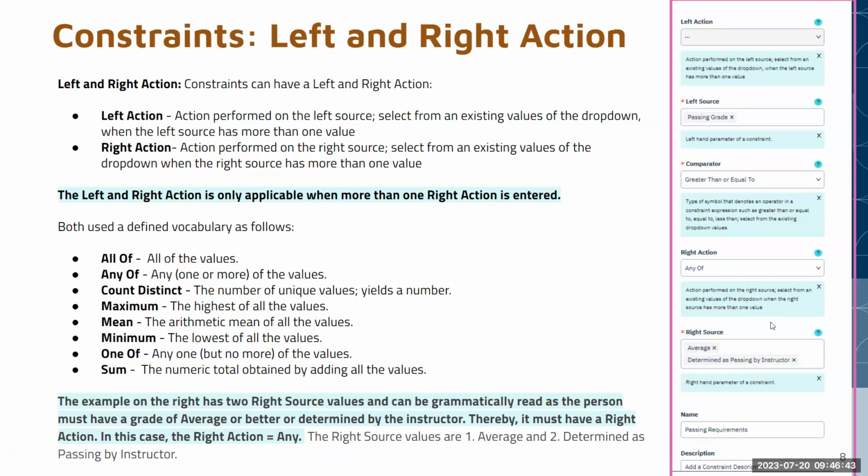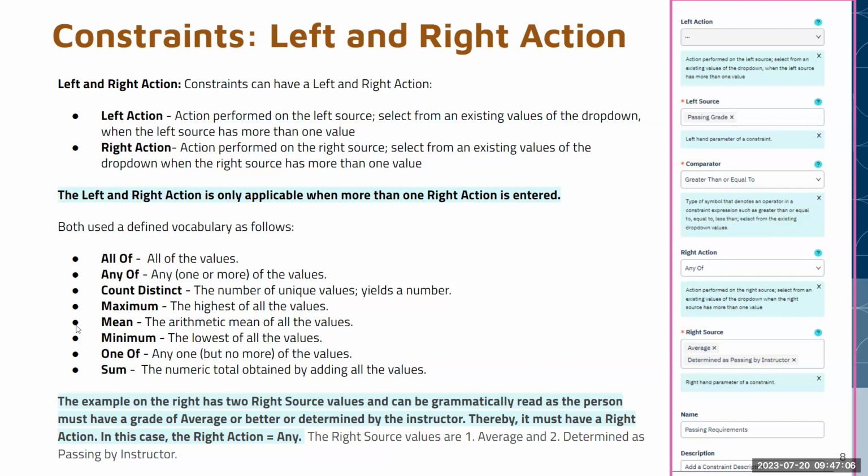So for this example here, I have two right sources, average and determined as passing by instructor. And you can see that I selected any of. So the person can progress through the pathway with a grade of average, or if it's determined as passing by the instructor. So any of those.